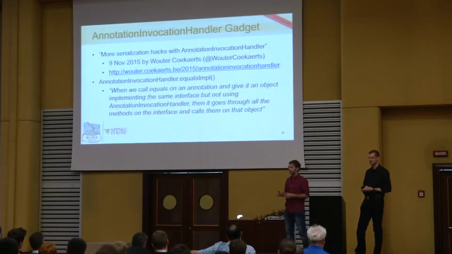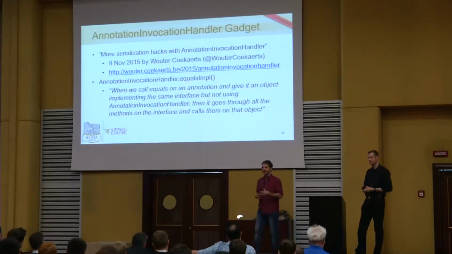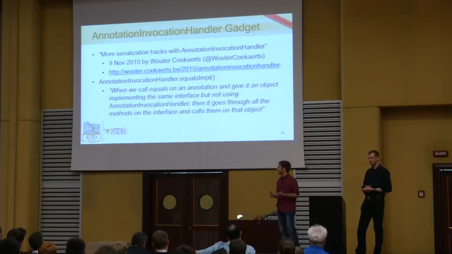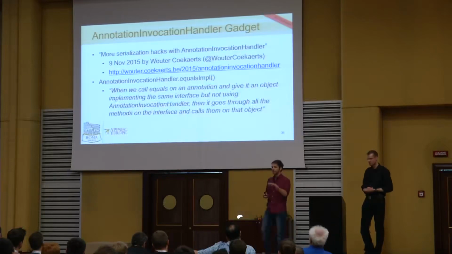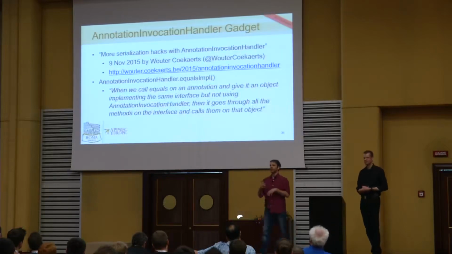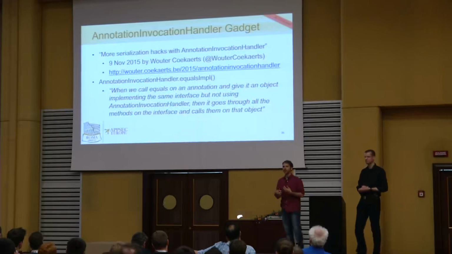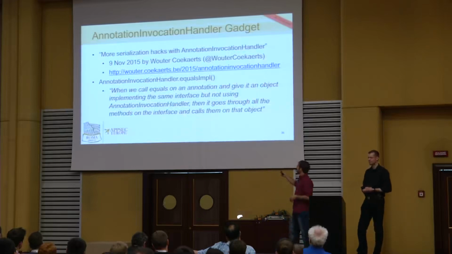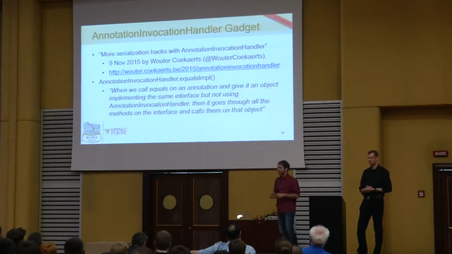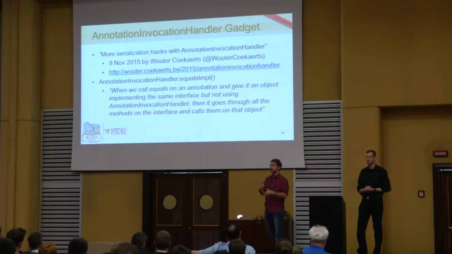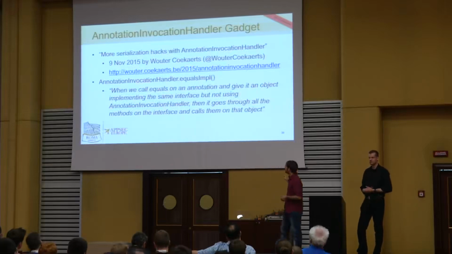So for that, we actually took one of the gadgets that is publicly available, found by Chris Frohoff. And actually, that gadget is only working up to Java version 7, update 20. So we tried to find another gadget working in Java 8. So we saw this post by Gábor Lipták, and basically he was talking about some tips and tricks around the AnnotationInvocationHandler class.